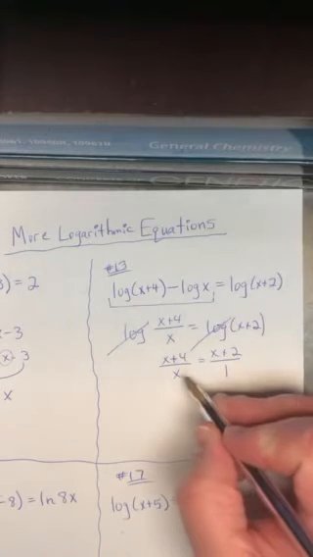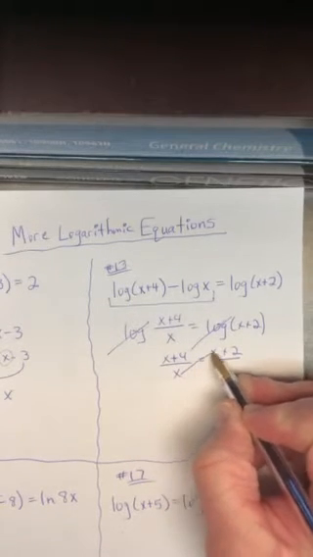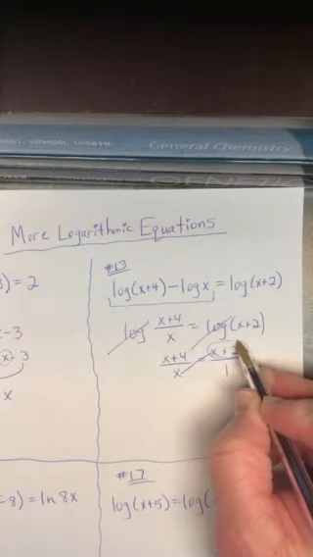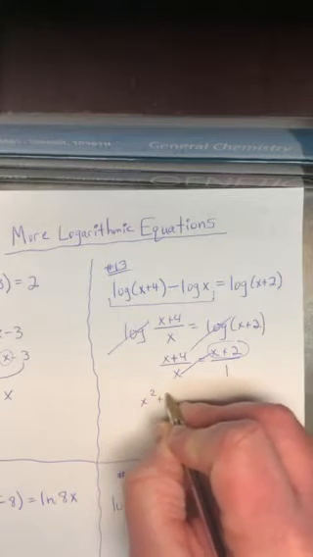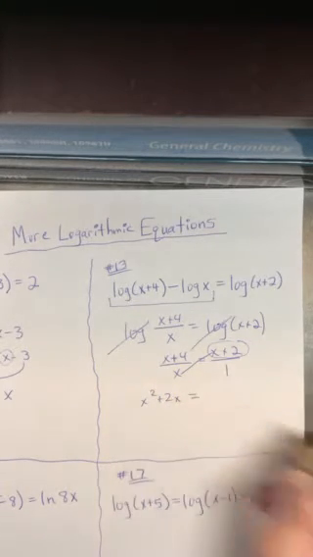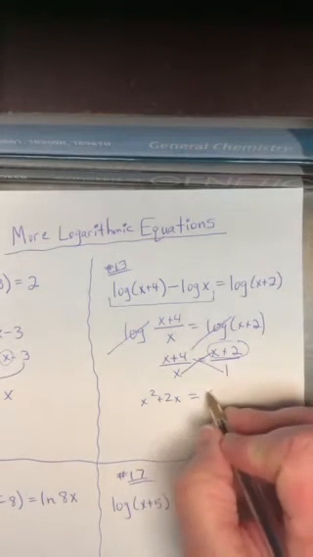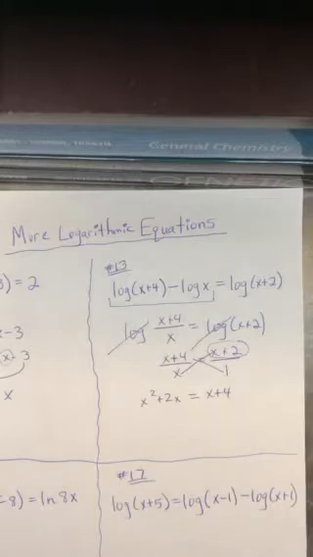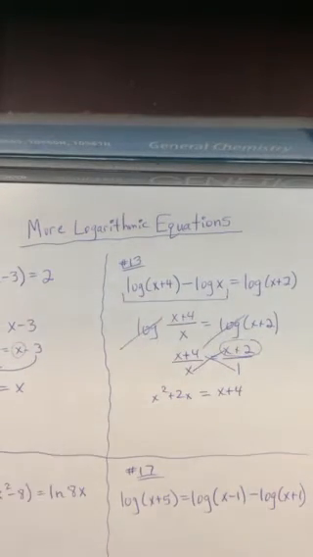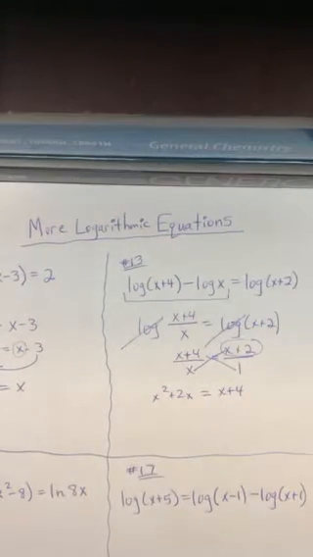Agreed? So when I take x times that entire numerator, you agree that's going to be x squared plus 2x equals, and then 1 times x plus 4 is x plus 4. I'm just cross multiplying. I end up with an equation that no longer has a log in it.